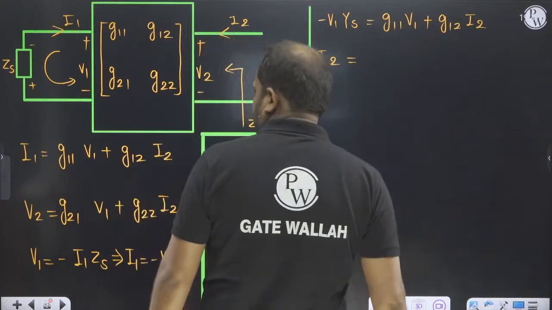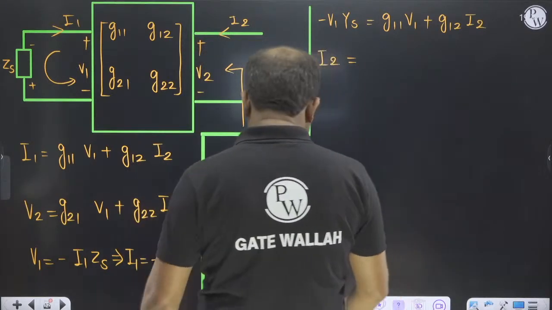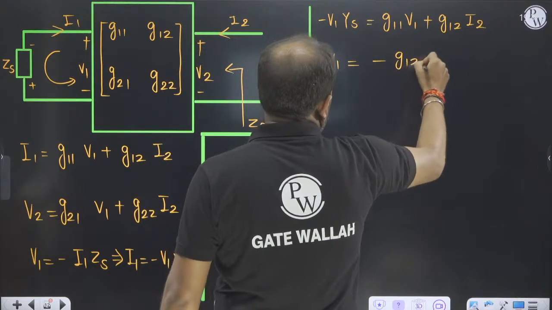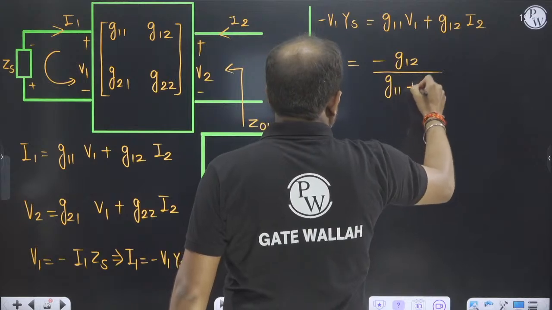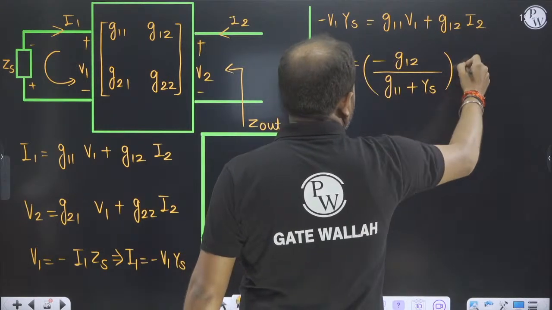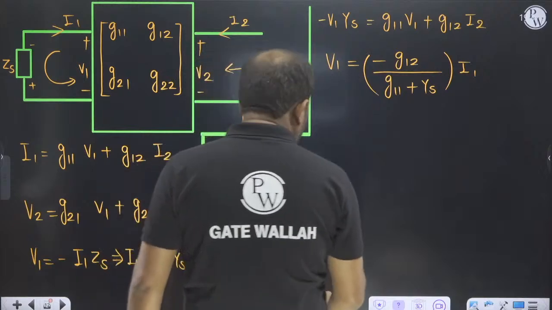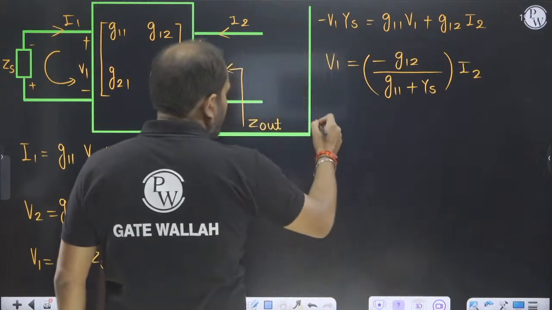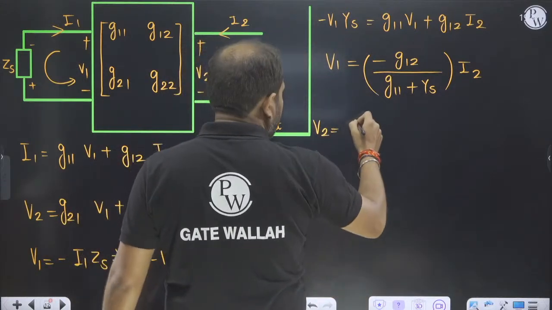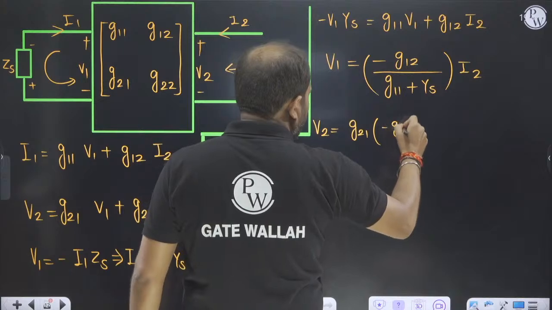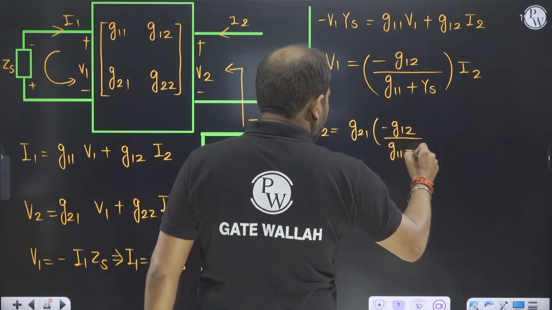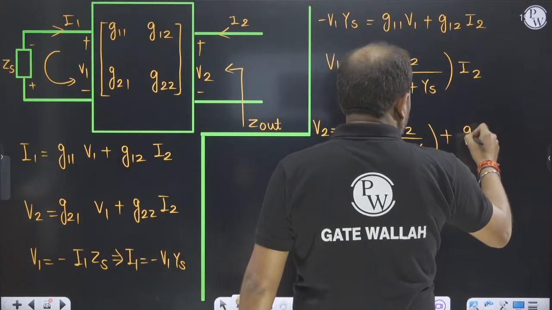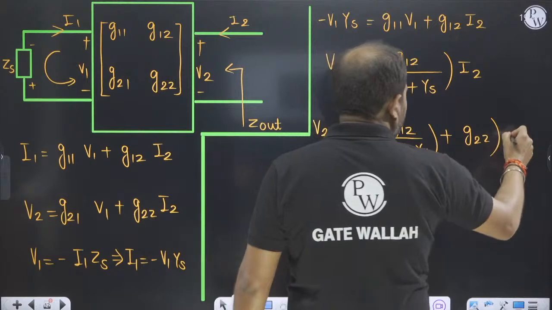V1 is equal to minus G12 upon G11 plus YS into I2. You will put V1 in the second equation, so V2 will be equal to G21 into minus G12 upon G11 plus YS, plus G22, into I2.